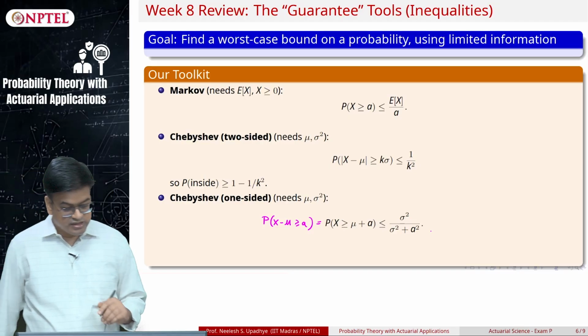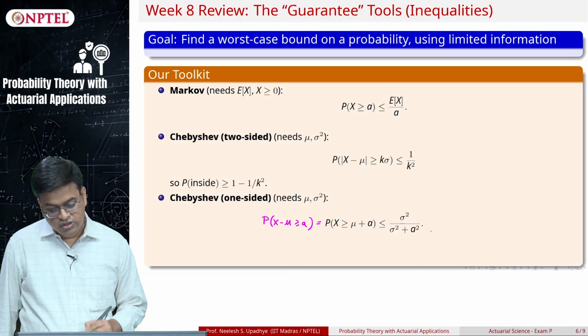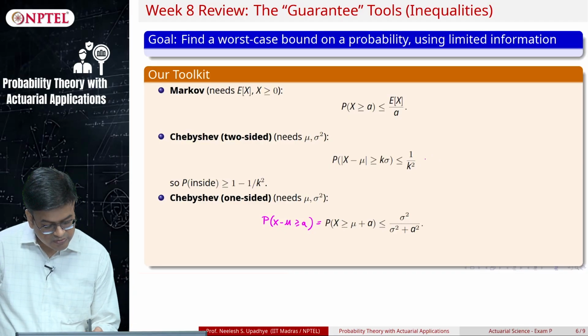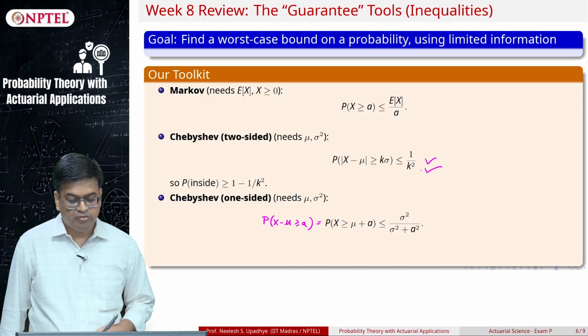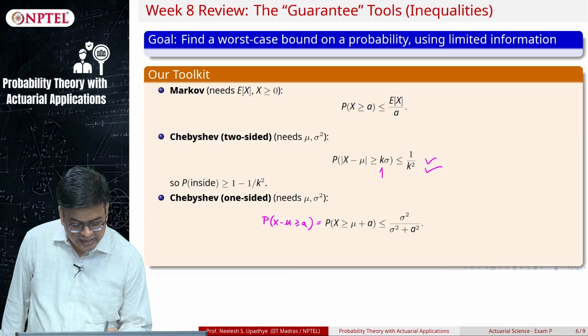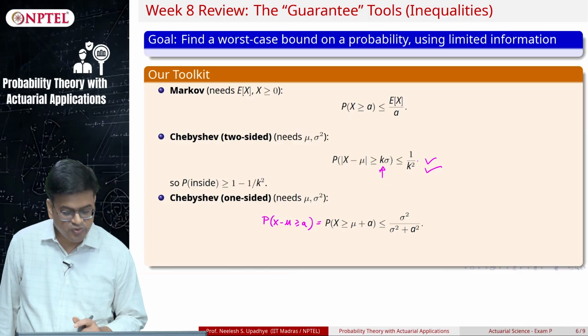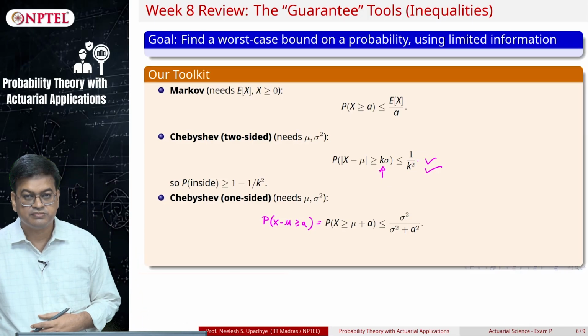Now comes the interesting question. Suppose like in Chebyshev we have shown that this is 1 by k square. As this k increases, naturally this bound goes to 0, correct.